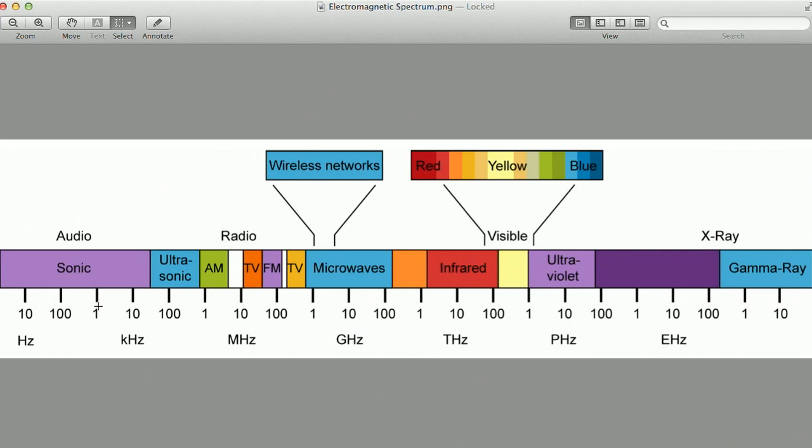Women tend to have higher frequencies that they hit, most notably in the 6 to 9 kilohertz. Males typically have a little less, 900 to 4 or 5 kilohertz. Just depends on the person, of course.